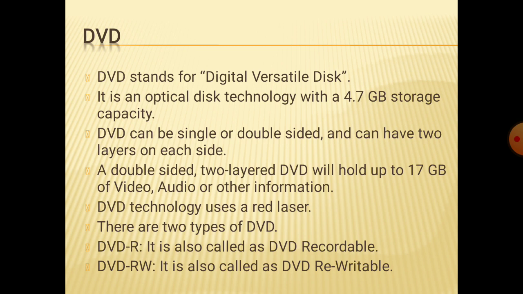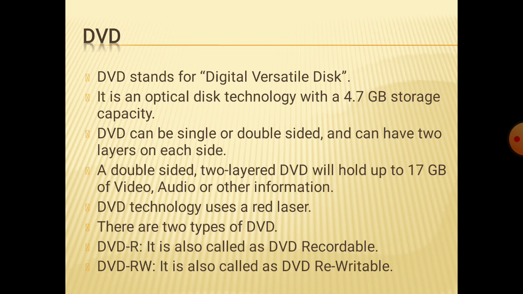Then DVD can be single or double sided, meaning two surfaces are there. Sometimes you can store on only one side, sometimes on both sides. We can have two layers on each side. A double-sided or two-layer DVD will hold up to 17 GB of video, audio or other information. So the capacity of a two-layered and two-sided DVD is more than single-sided.